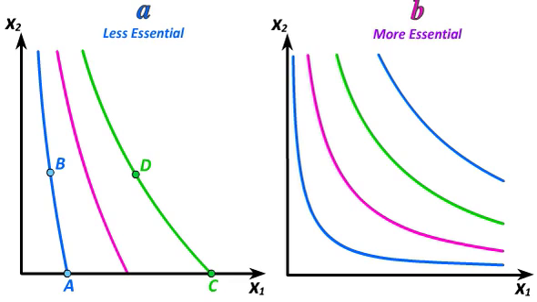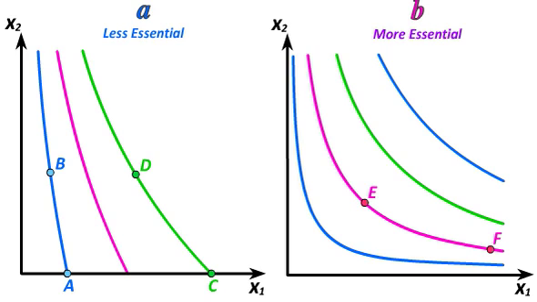Thus, the X2 good is not really essential for the consumer's happiness. The consumer can in fact reach the blue level of happiness by consuming some of X2 and some of X1, as she does at bundle B. But she can also reach the same level of happiness by simply consuming X1, as she does at bundle A. The same relationship holds between bundles C and D.